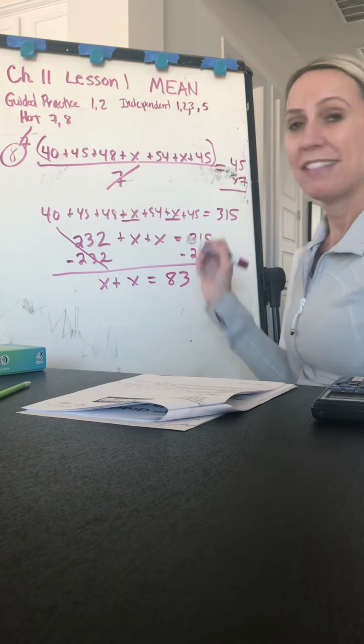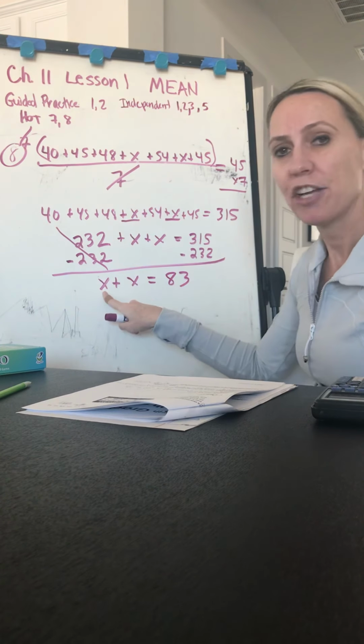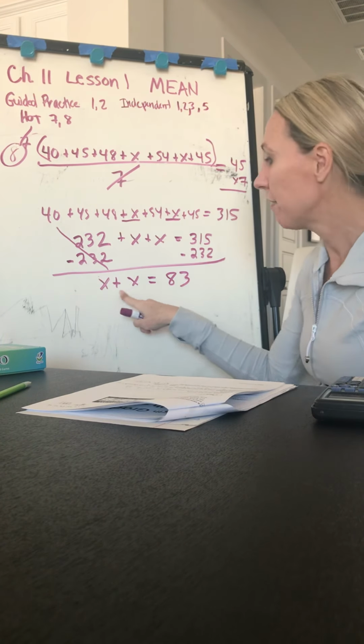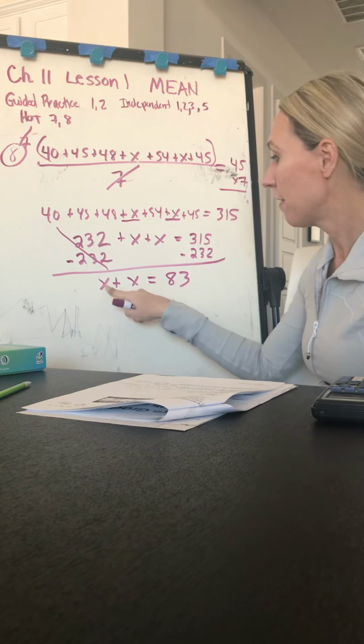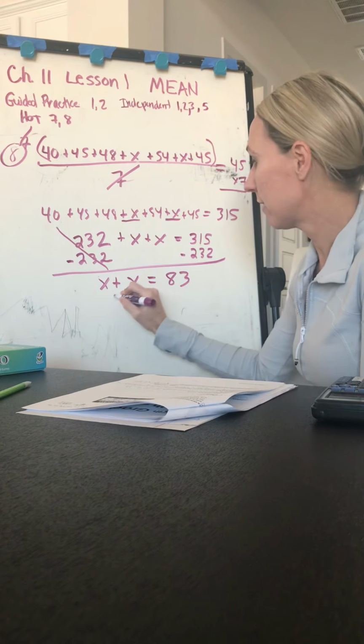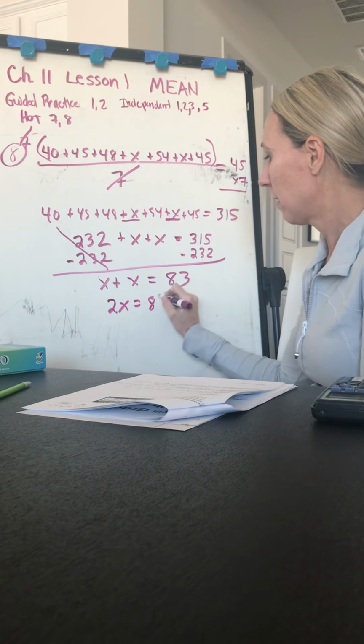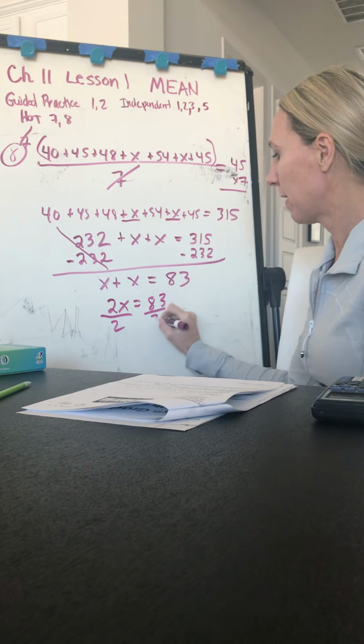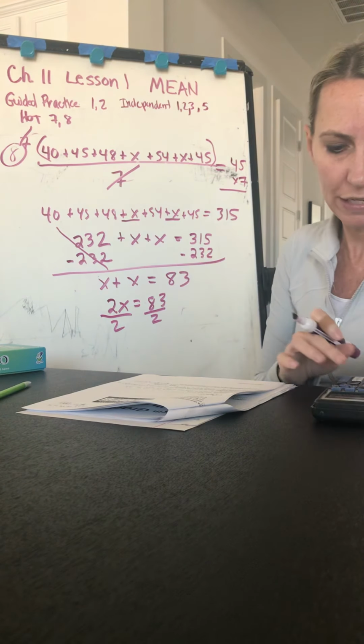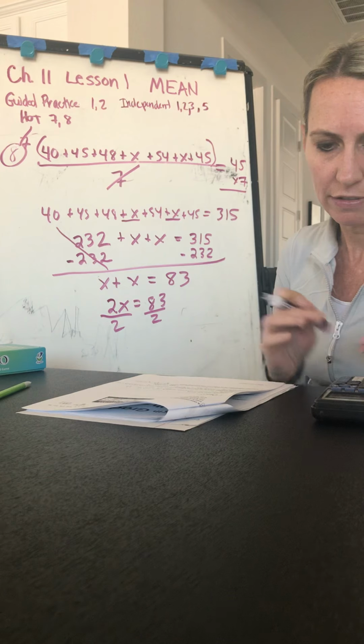Now, it doesn't tell you that these two are the same number. If they're the exact same number, then you can do 1x plus 1x is 2x, and you can divide both sides by 2, and 83 divided by 2 is 41.5.